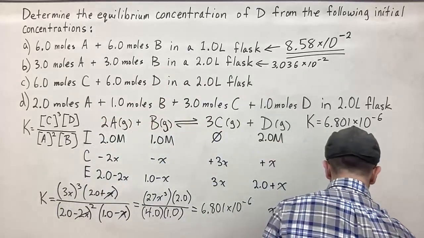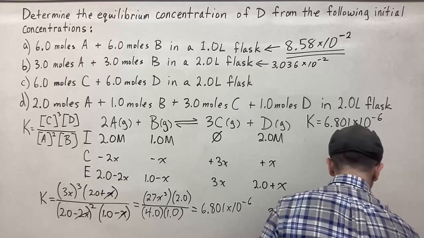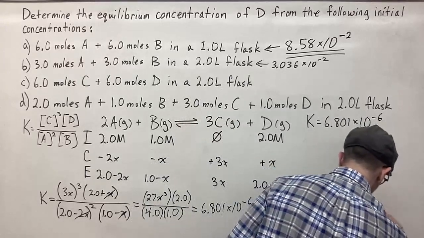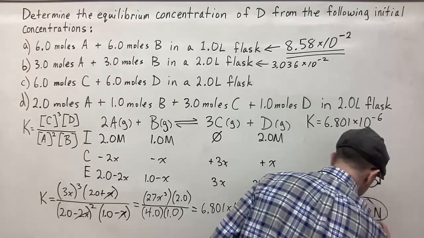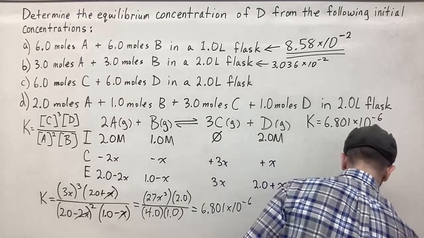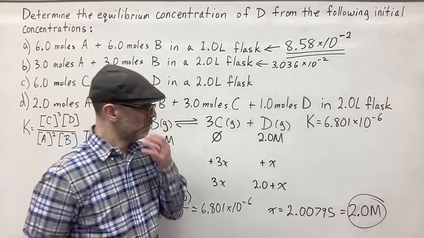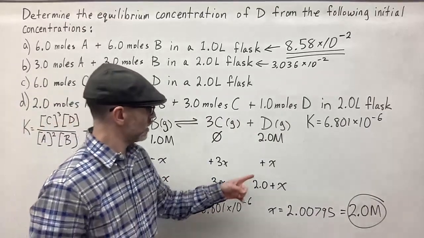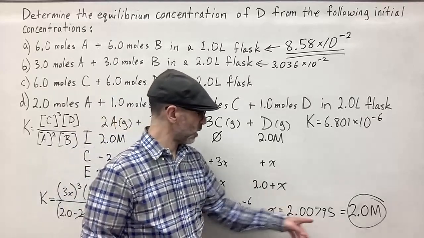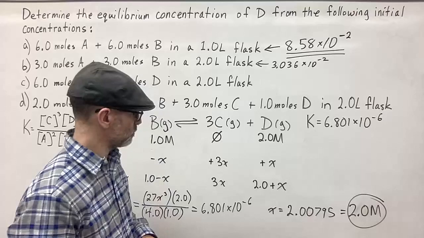So basically the concentration of D is going to be 2.0 molar. Which makes sense because we assumed x was going to be small, and when you subtract x, you get a number close. Or when you add x, you get a number that's really small.